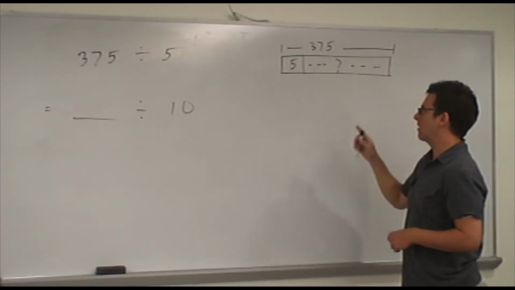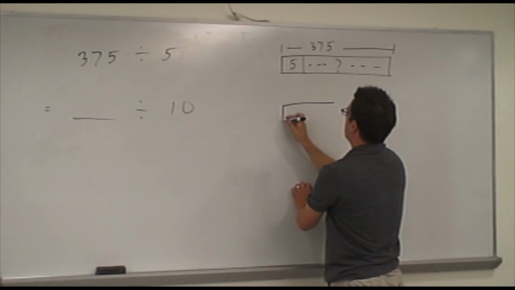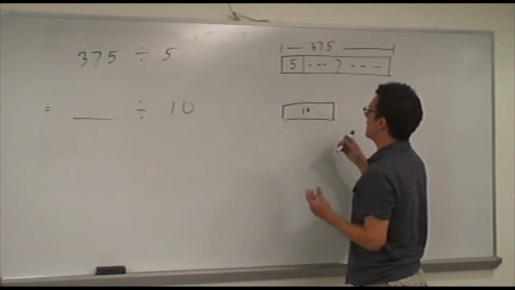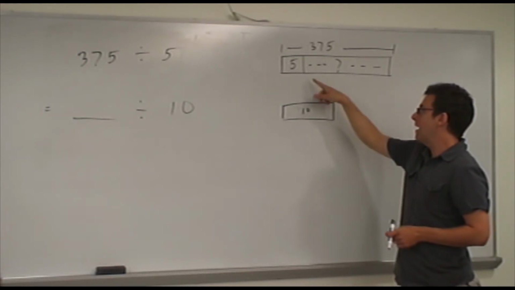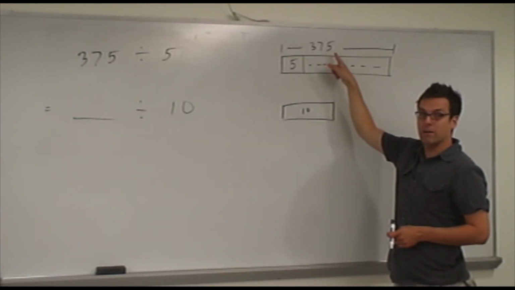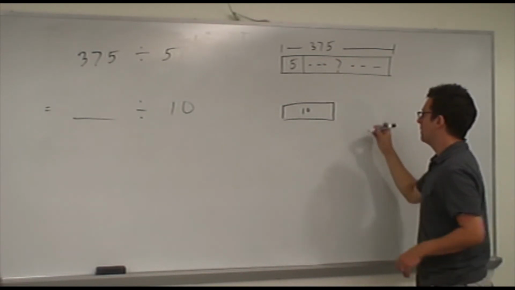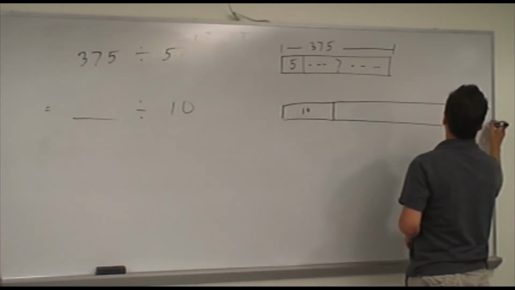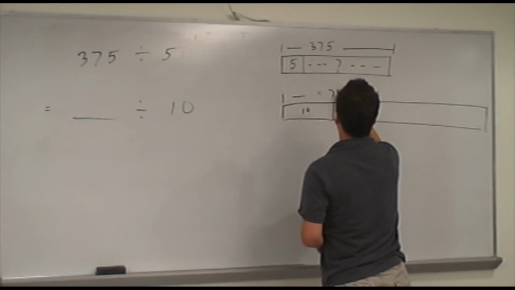So in our bar diagram, if we made the divisor twice as big, what would we have to do to the entire bar to make the same number of these pieces fit in the bar as the same number of 5s that fit in the 375? And clearly we would need to double the length of the entire bar. So whatever we do to the divisor, we must do the same to the dividend.